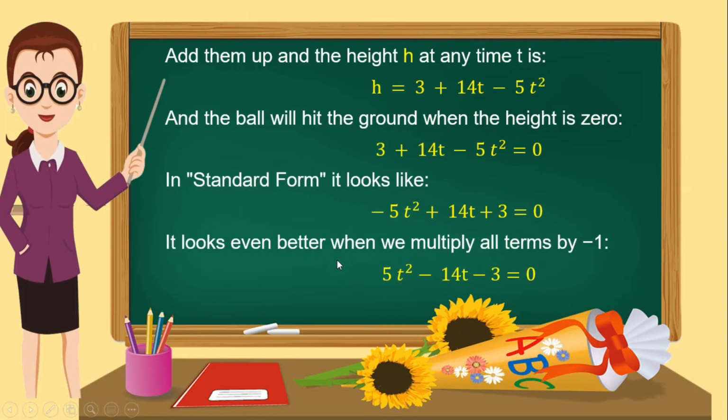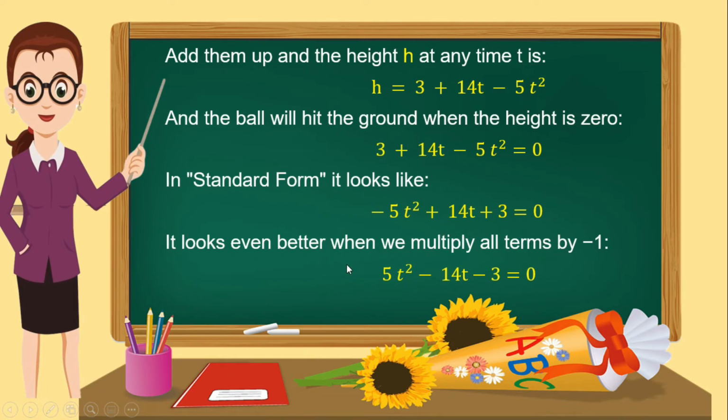It looks even better when we multiply it by negative 1. So it looks like this: 5t squared minus 14t minus 3 equals 0. So why do we need to multiply it by negative 1?